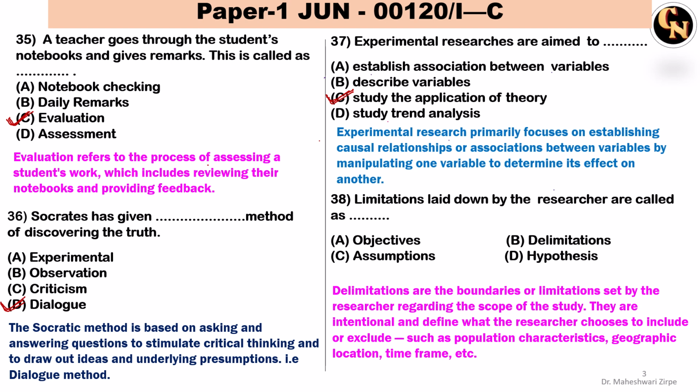So option B is the correct option. Delimitations are the boundaries or limitations set by the researchers regarding the scope of the study. They are intentional and define what the researcher chooses to include or exclude, such as population characteristics, geographic location, time frame, etc.